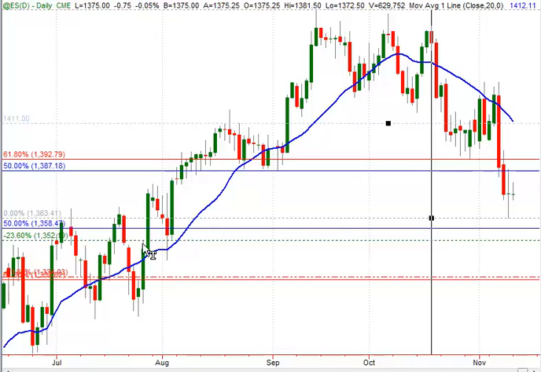And as you can see, the first target of this extension is 1,350, and the second will be very close to the violation of this area of support. So if this 1,390 area trades, it's a short trade, and we have the potential of breaking this support level, in which case the 1,130 area would be confirmed.